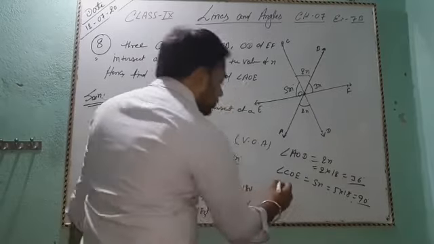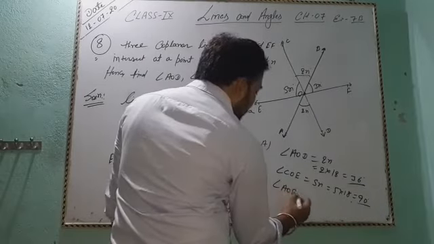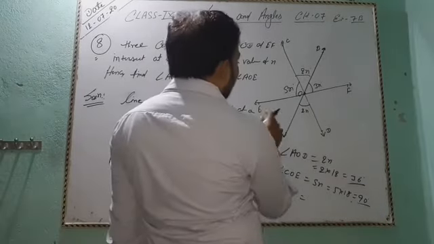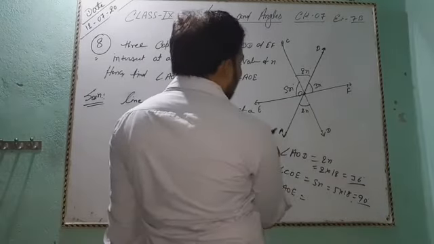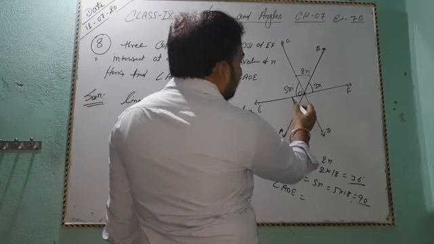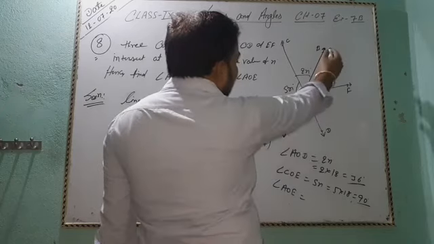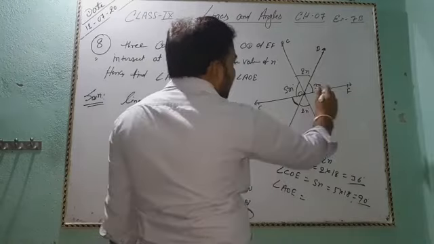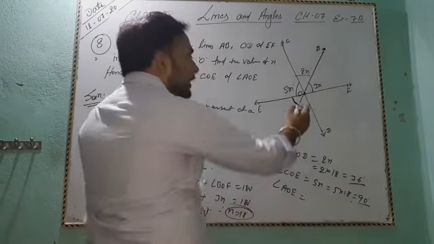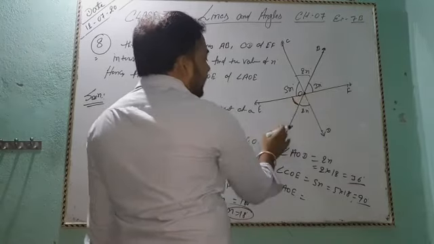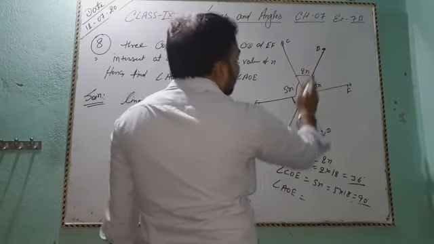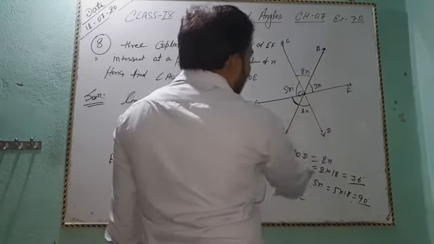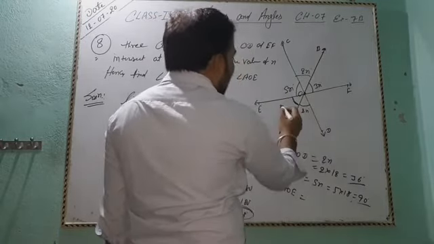And angle AOE is the vertically opposite angle of angle BOF, since AB and EF are two straight lines intersecting at the point O. So angle AOE equals angle BOF, which equals 3x degrees by the vertically opposite angle.